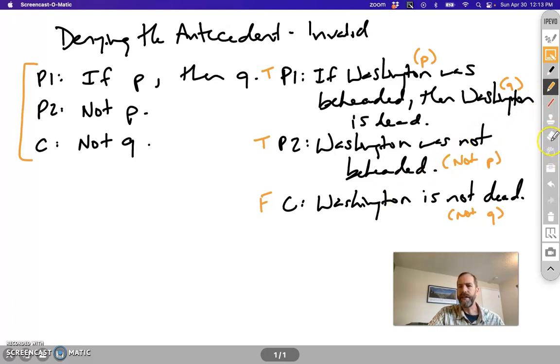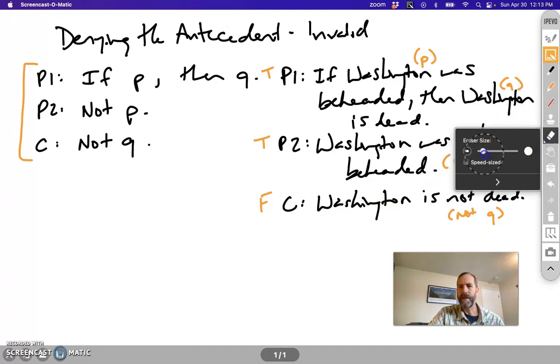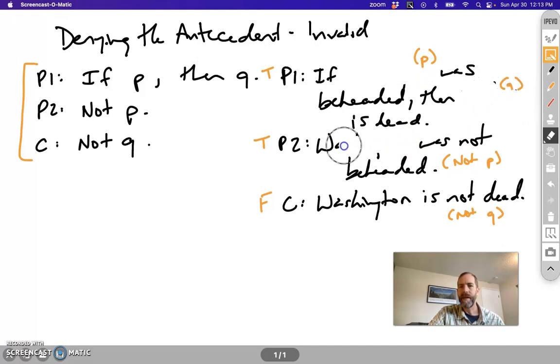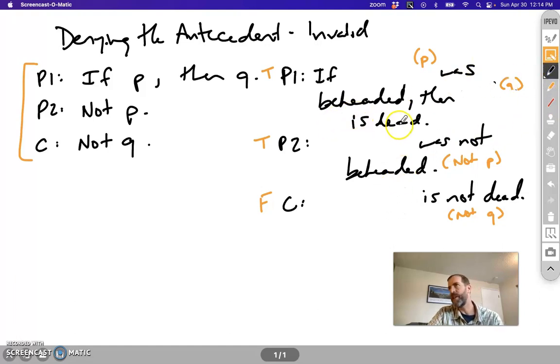Let's consider making a slight change here to our argument. Just change Washington out for someone who is currently alive. And then you would see that you could build out an argument with true premises, true conclusion. But it would just be kind of luck that you're talking about this person instead of Washington.